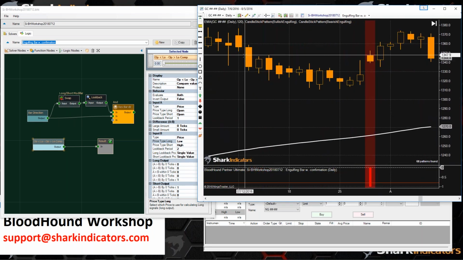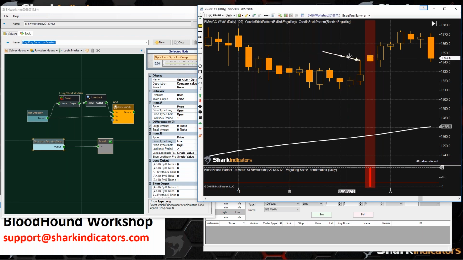This is definitely not an engulfing bar, but it demonstrates that if this was a bearish engulfing, the open of the bar is higher than the previous bar's high, and we're getting a short.